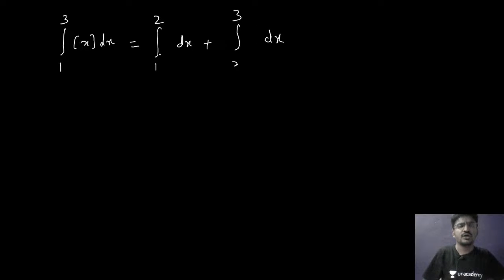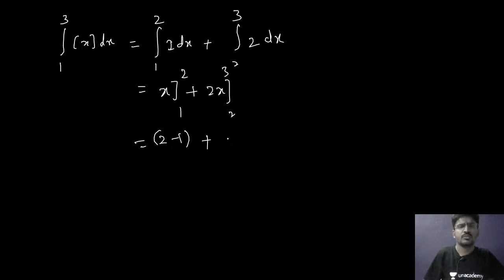The output in between 1 to 2 will be 1. The output in between 2 to 3 will be 2. So here x from 1 to 2 plus 2x from 2 to 3. So 2 minus 1 plus 6 minus 4. Your answer is going to be 1 plus 2, that is 3.